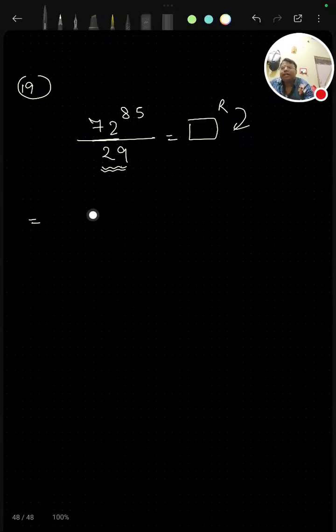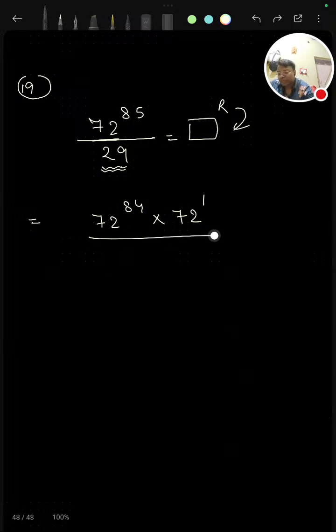Now you can see that it is 72 to the power 84 into 72 to the power 1. ये 85 है तो 84 और 1 में ब्रेक कर सकते हैं ना, मल्टीप्लिकेशन में पावर ऐड होता है. You know the exponent law. And it is divided by 29.